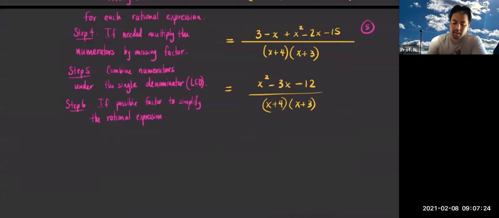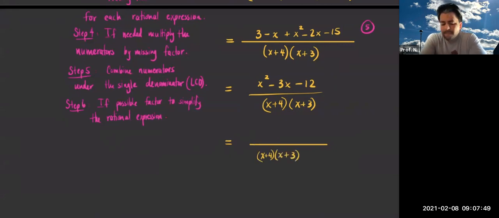So the nice thing is that the denominator is already factored. So we have to look at the numerator. Again, the question is, can I find two numbers that multiply to negative 12, but when you add them, give me negative 3? Are there any two numbers that multiply to negative 12, but add to negative 3? So 1 and 12, 2 and 6, 3 and 4.